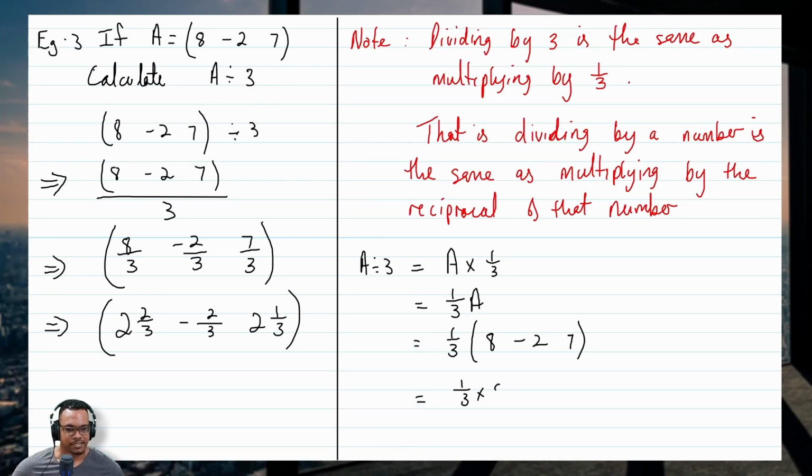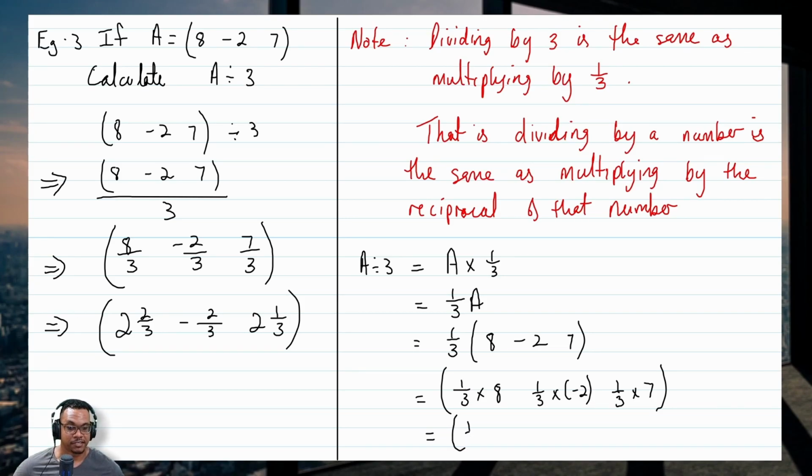So 1/3 times 8. I mean, you can put the 8 over 1, but because I'm teaching others, I don't want to skip any steps. I know I can do it faster. 1/3 times -2, and then 1/3 times 7. And then yeah, you can multiply that out.